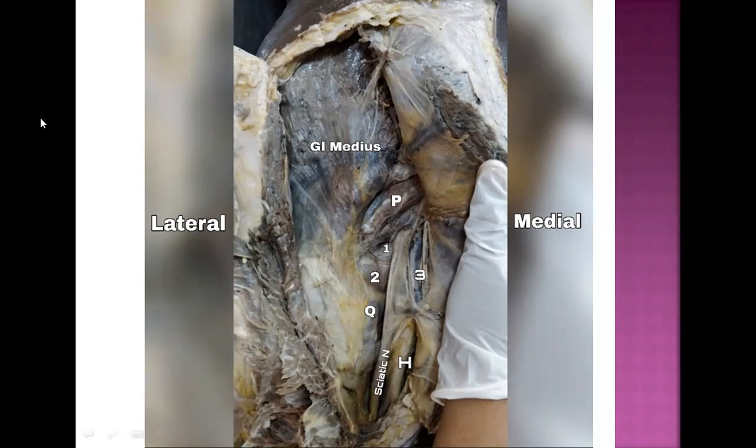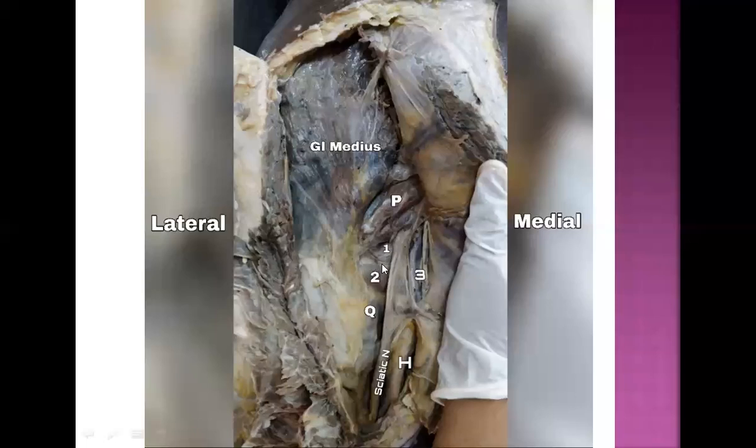Yes, 1 is superior gemellus. 2 is inferior gemellus. If you look closely between 1 and 2, there is a white tendon present. That tendon is the tendon of obturator internus.